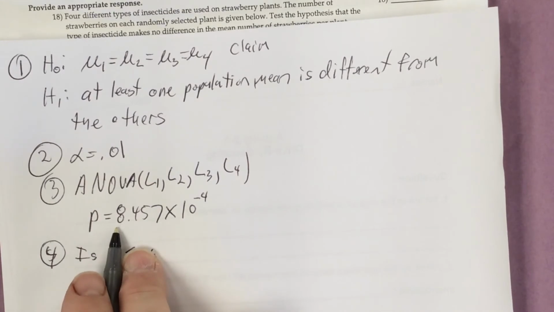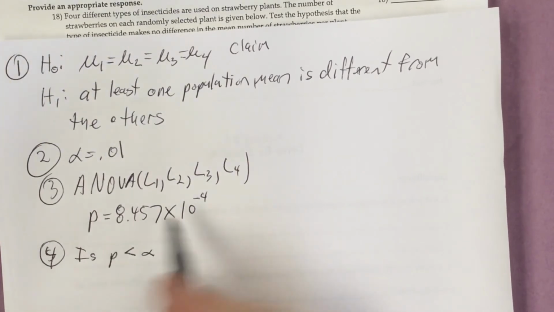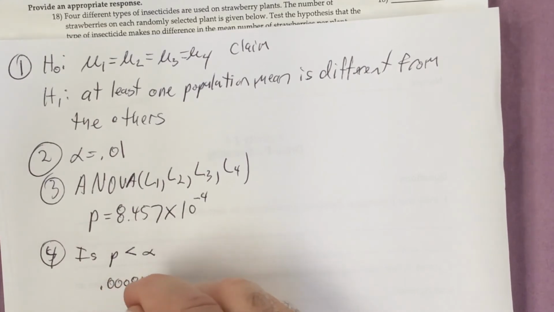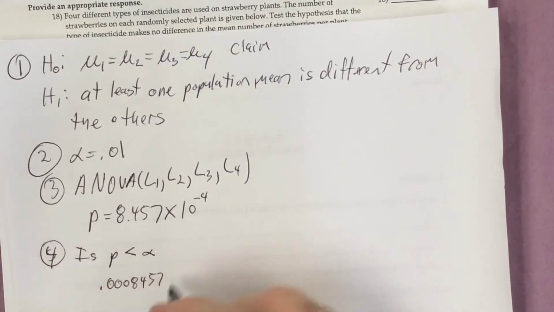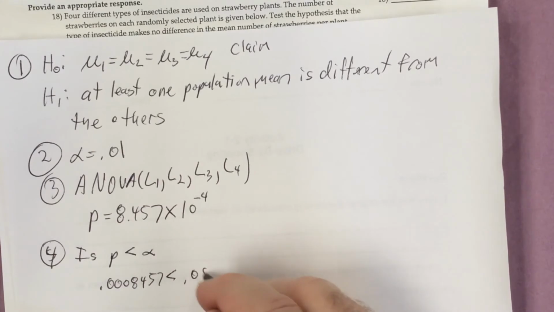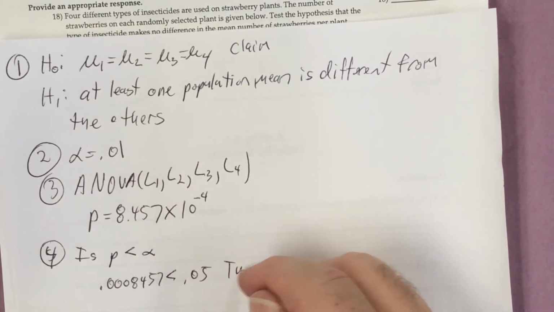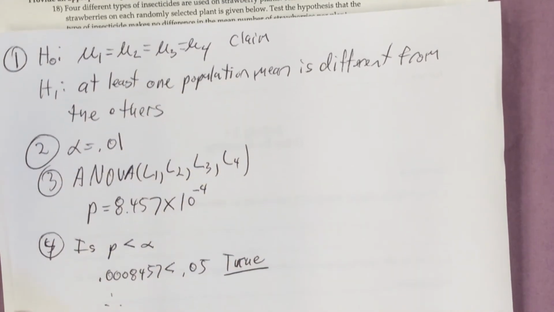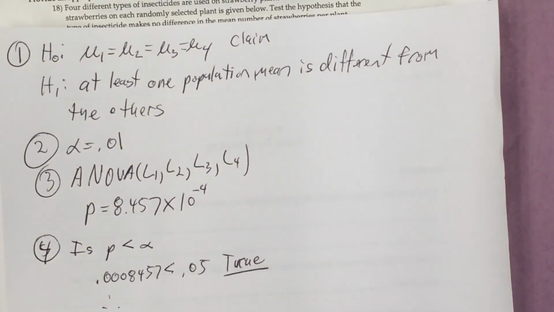If you were to write that out as a decimal, you could write 0.000847. Is that less than 0.05? Absolutely. That's true. Therefore, we're going to go ahead and reject the null hypothesis in this case.